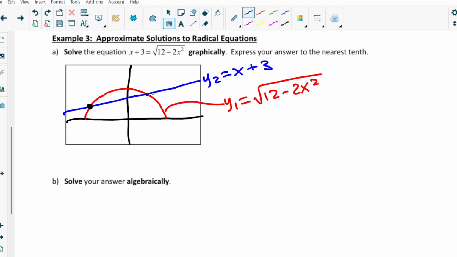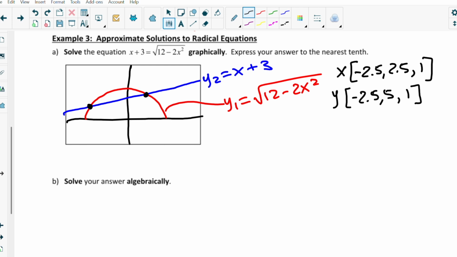And what are my two intersection points? We're going to get approximate values. Let me give you my window settings. X is negative 2.5, 2.5, and 1. And my y is negative 2.5, 5, and 1.